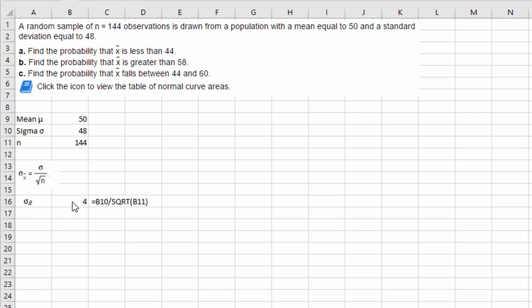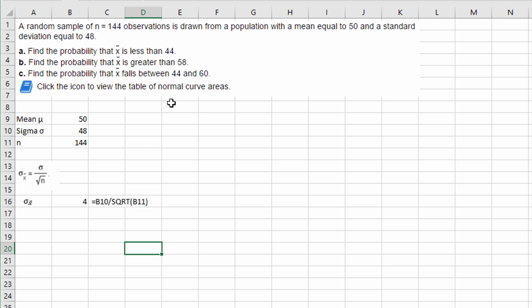And in Excel, I just put in a formula, and I'm going to double click on that just so you can see again. It's equal to B10, which is sigma 48, divided by the square root of B11, and that gives us a sigma sub x bar of 4.